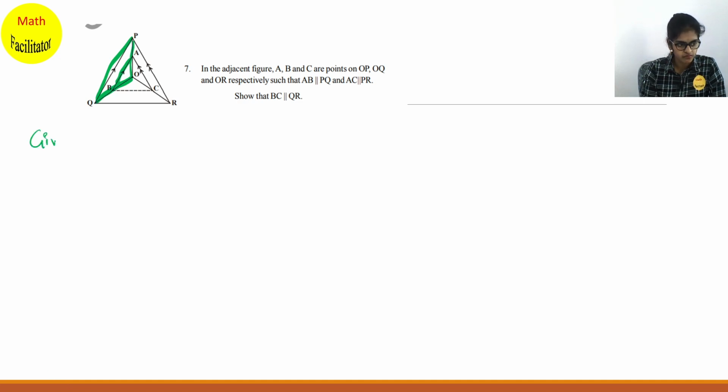So given AB is parallel to PQ. Okay, so in triangle OPQ, this is a triangle, isn't it? In triangle OPQ, what are you getting?